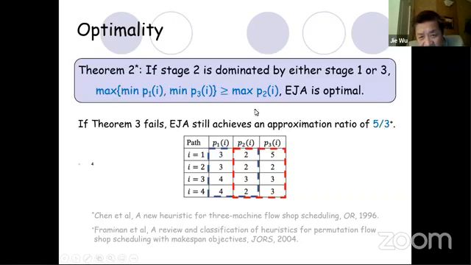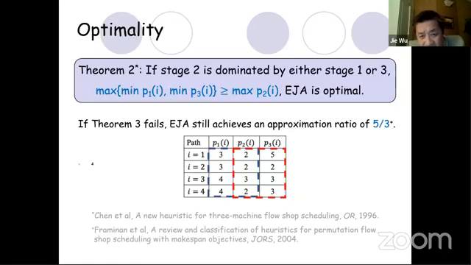Compare with the maximum of the communication, which in this case is 3. So you can see that 3 equals 3. So this condition is satisfied. If this condition is satisfied, then this extended Johnson algorithm is optimal. So for some special cases, if we follow this rule, we get the optimal result.